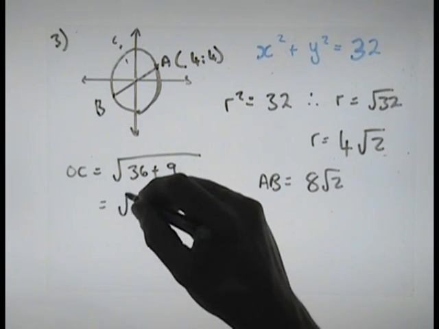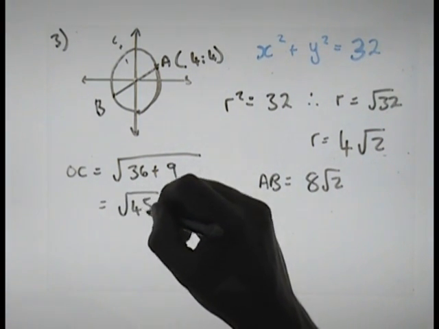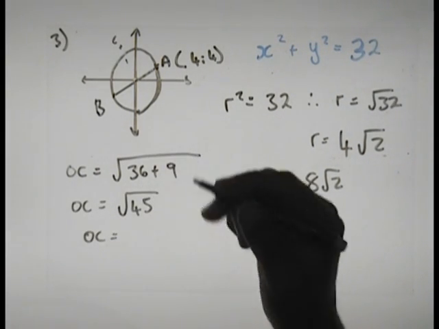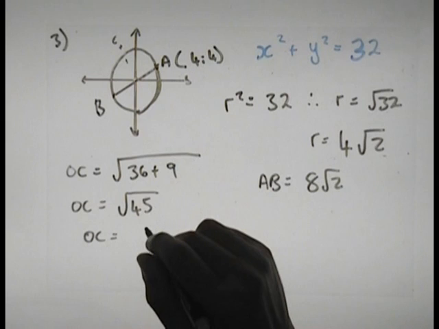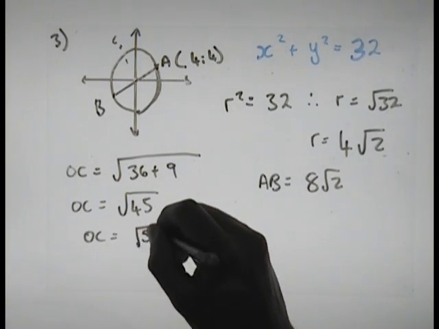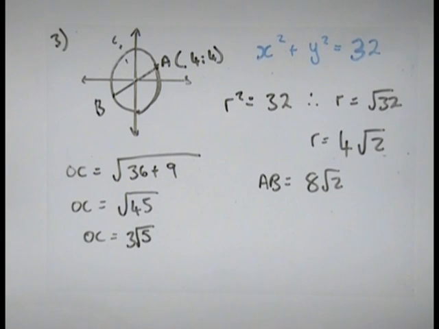That means that OC is equal to root 45. That means that the distance OC is equal to, 9 goes into 45 5 times, square root of 9 is 3, 3 root 5. OC is equal to 3 root 5.